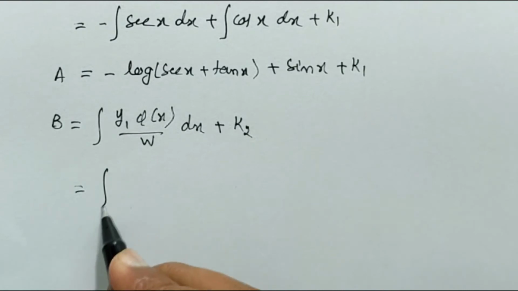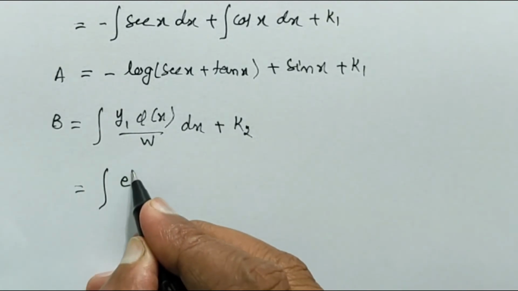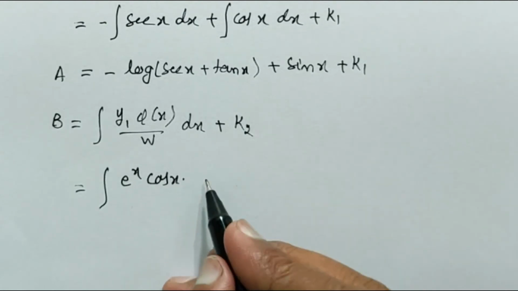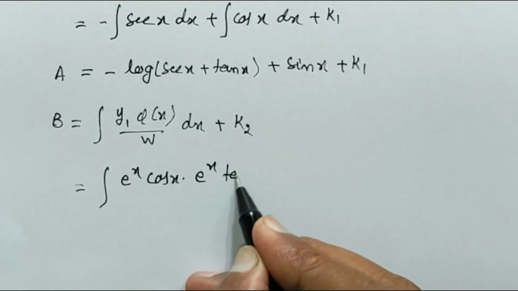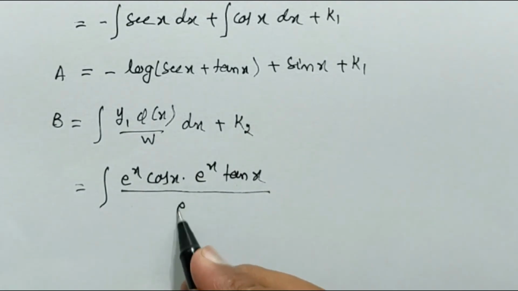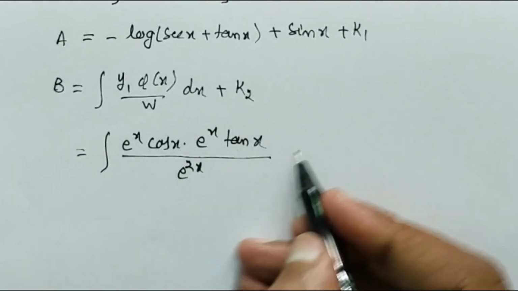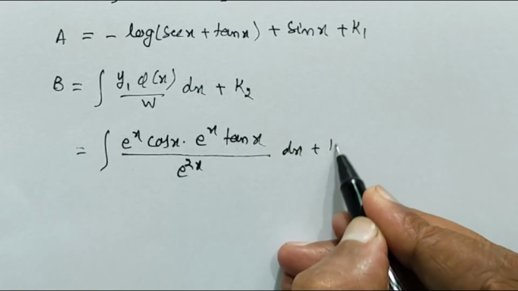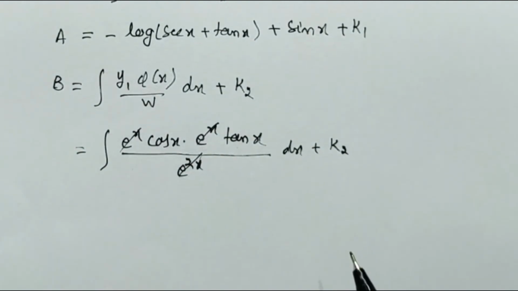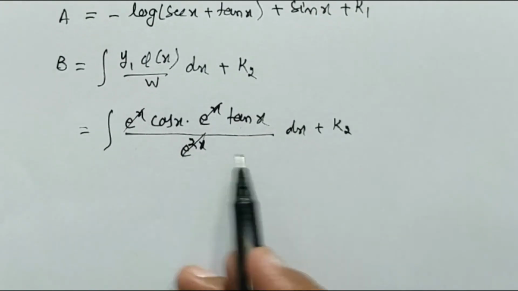So the value of y1 that we have is e power of x into cos of x, into the value of phi of x, which is e power of x into tan of x, divided by w value, which is e power of 2x, into dx plus this constant k2. However, this e power of 2x will cancel out with e power of x in the numerator.